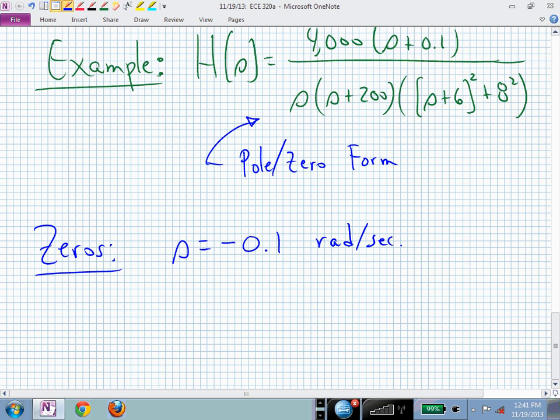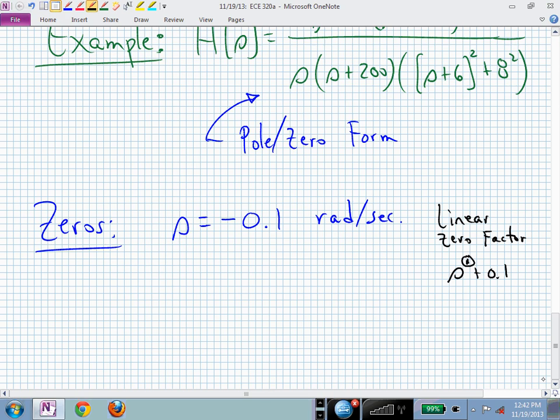That's a zero, and we only have one of those finite zeros, and this is coming from a linear zero factor because we had an s plus 0.1, and that exponent on the s was a 1. So that means it's linear in s, if that helps or provides any more information.